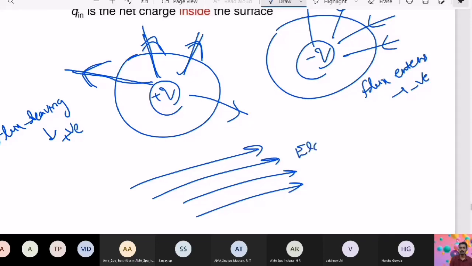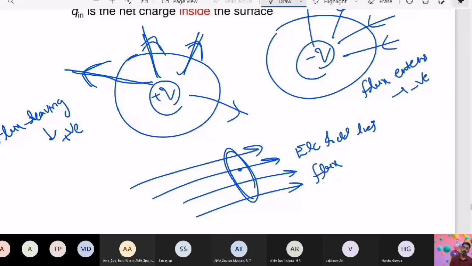Those lines we call electric field lines, or electric lines of force. In that region, if you consider one area, the number of lines passing through that area perpendicular to the surface area is called flux.